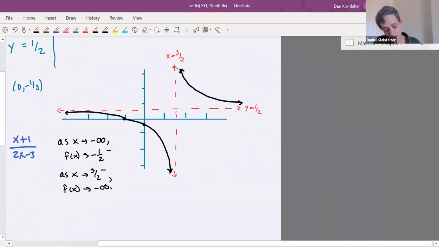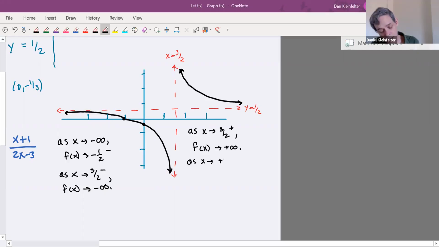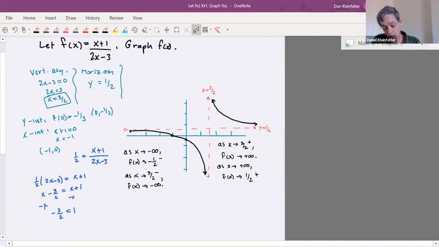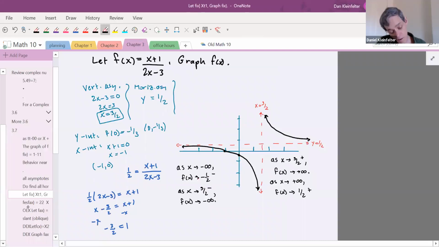That takes care of that branch. On the right side, as x approaches 3/2 from the right side, f of x will approach +infinity. As x approaches +infinity, f of x approaches 1/2 from the plus side. So that's our rational function graph. Looks pretty good. Let's see if we can try one more of those.